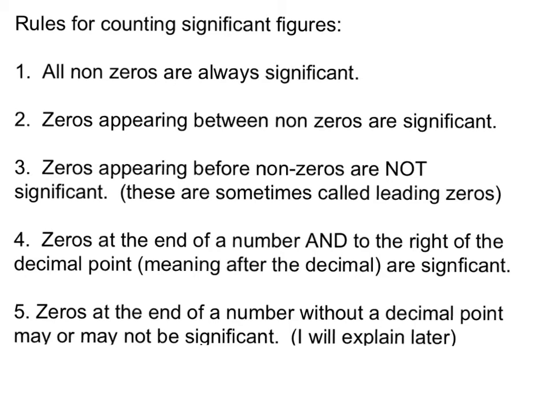Okay, on this slide you're going to notice that I have 5 typed up rules. These are just the general rules for counting significant figures, so we're just going to be looking at measurements or numbers and identifying how many significant figures count in these numbers. Largely we'll utilize this knowledge later on for doing mathematical calculations.